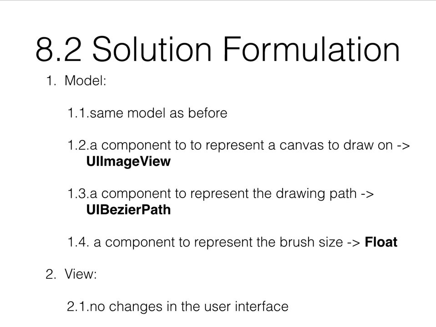So we're going to be drawing on the screen, but the screen has a view. So are we drawing on the view? You can, or you can draw on a special type of view called an image view. I'm going to go with the UIImageView, which is a subclass of a view, like another user interface component that is a view, because it will make it easy for me to save that image when I am done.